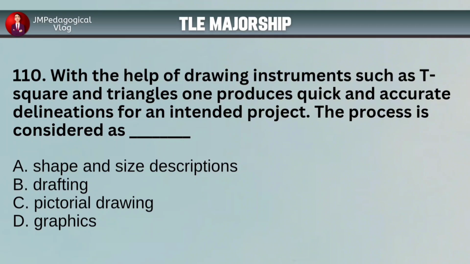110. With the help of drawing instruments such as T-square and triangles, one produces quick and accurate delineations for an intended project. The process is considered as A. Shape and size descriptions, B. Drafting, C. Pictorial drawing, D. Graphics.